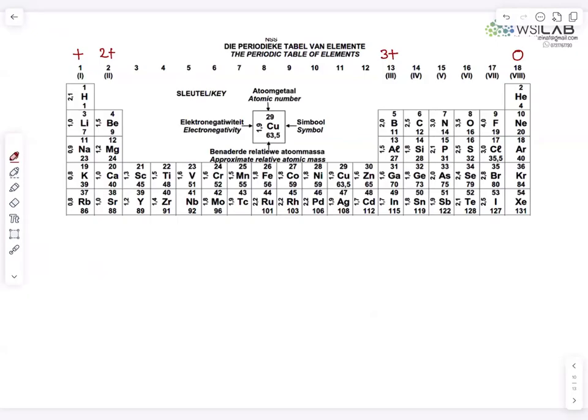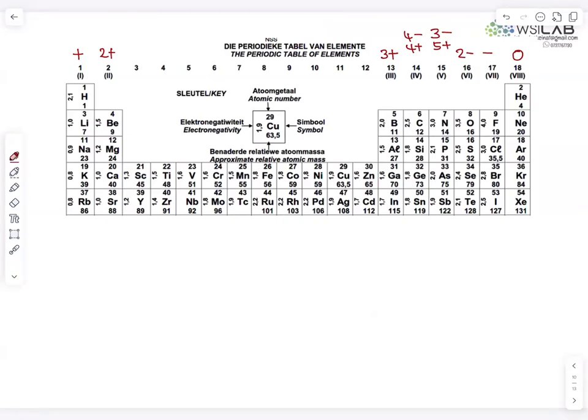Then in group 7, it's always a -1 charge or a 1 minus charge. And then in group 6, it's always 2 minus. So for 1 minus, we just use a negative there. And then in group 5, very important, it can be 3 minus or 5 plus. And then in group 4, it can be 4 minus or 4 plus. So groups 5 and 4 are problematic.